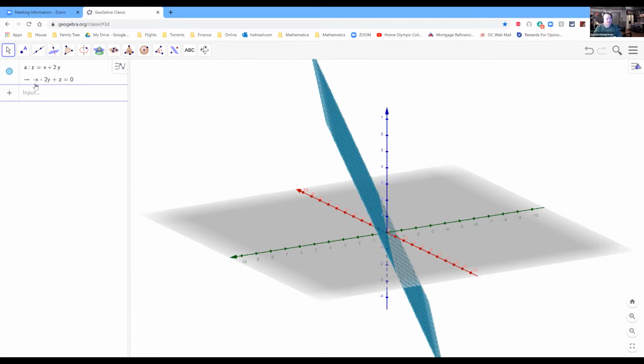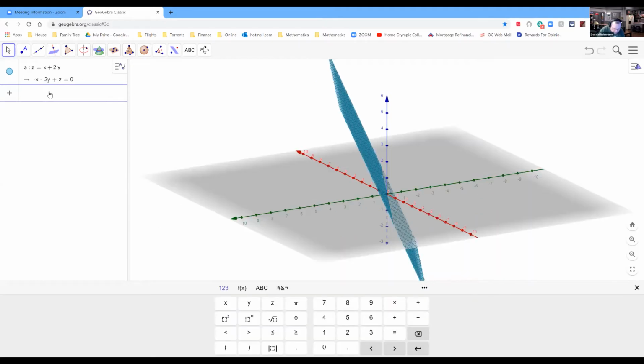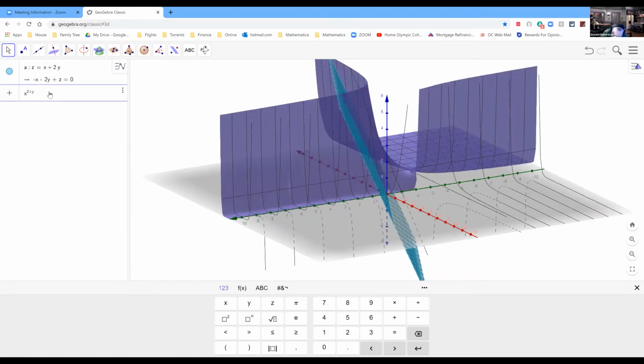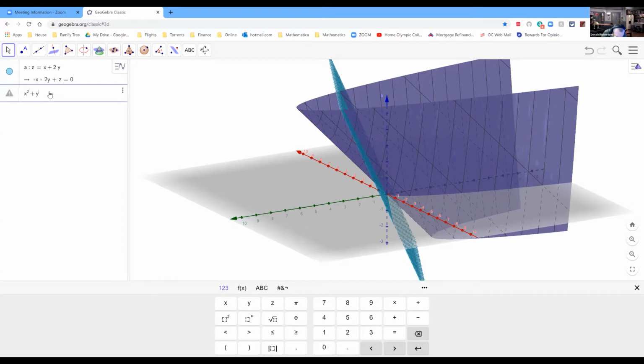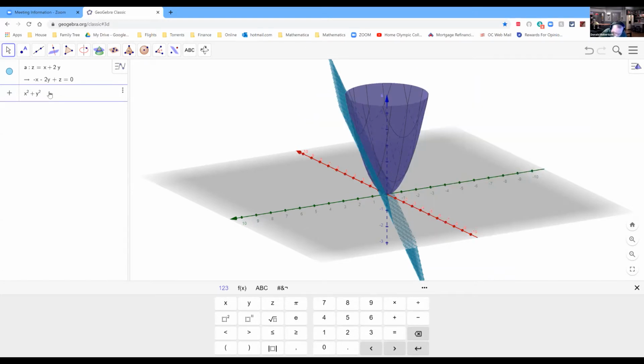Oh, and guess what? GeoGebra takes it for us. So I am going to try x squared plus y squared plus z squared.